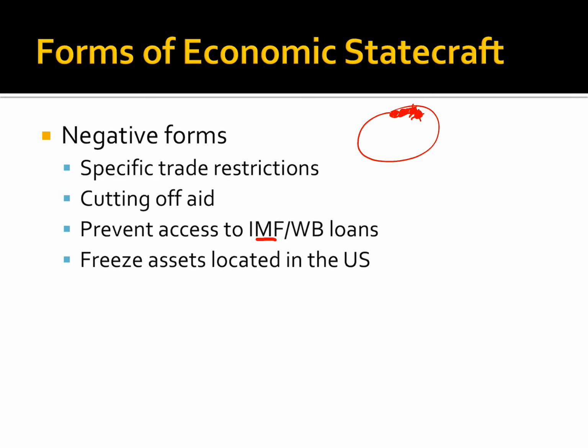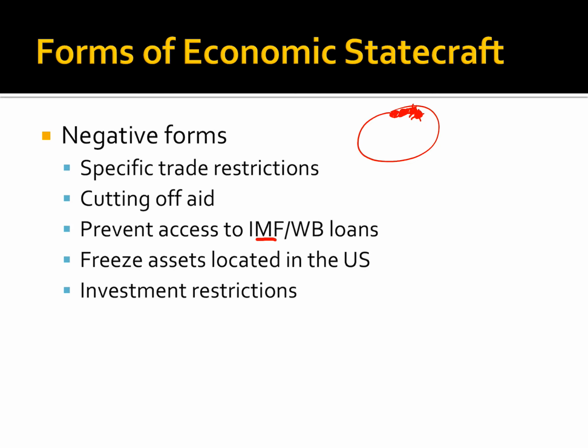You can freeze assets that are located in the United States. A lot of, not countries per se, but rich people in countries and politicians in countries and powerful people in other countries have money and investments in the United States. So you can just freeze those things, and that can also be a painful thing.